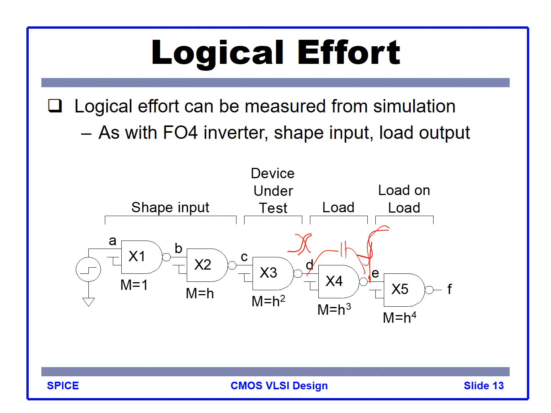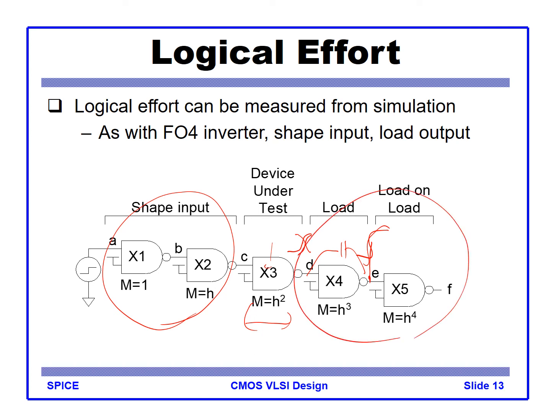This prevents us from measuring the proper delay on the device under test block. So whenever you build a test measurement, it is very important to always model the input and the output load condition properly. Without input and output shaping around the block, you will get wrong simulation results.